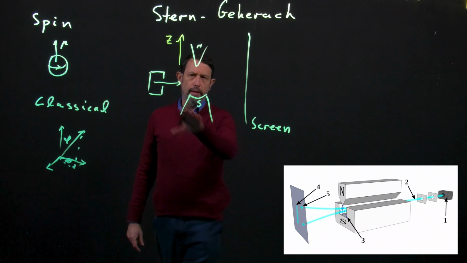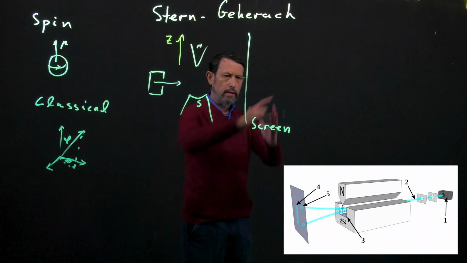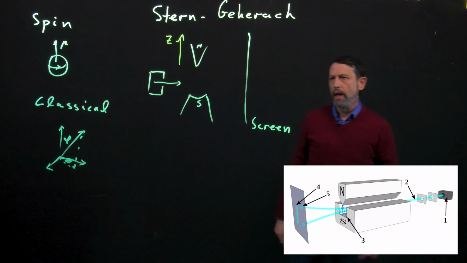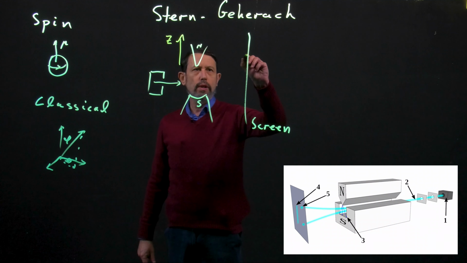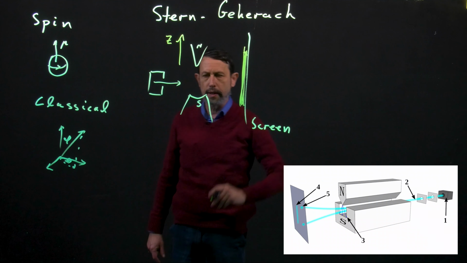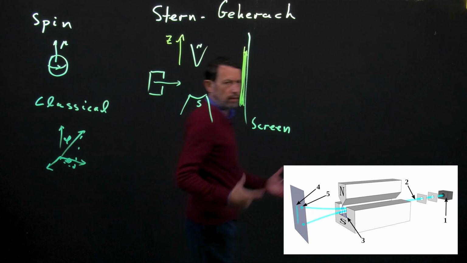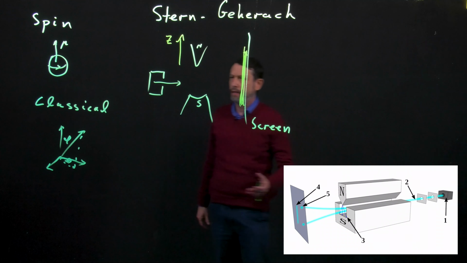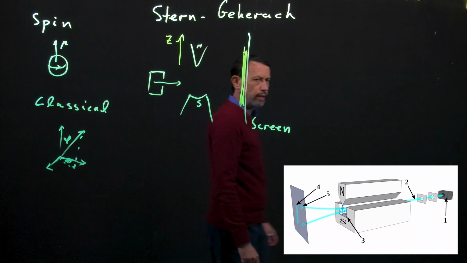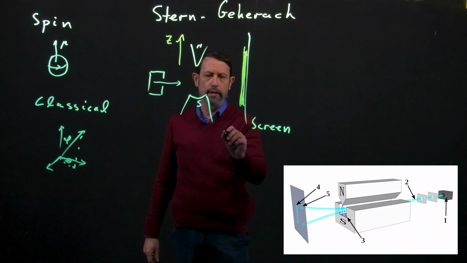The atoms coming out of this box will acquire velocity in the z direction, and on the screen we'll get a whole smear of hits, where the exact position of a particle hitting will depend on the angle of the magnetic moment compared to the z direction. Okay, so that's our classical expectation.